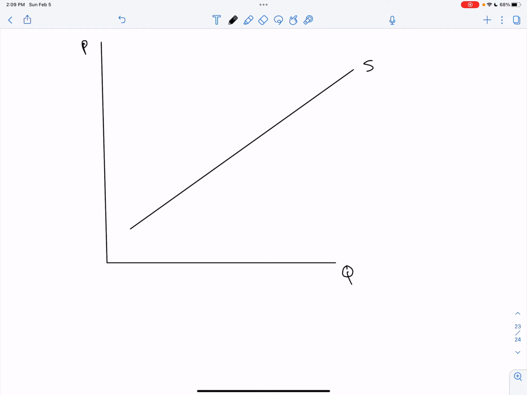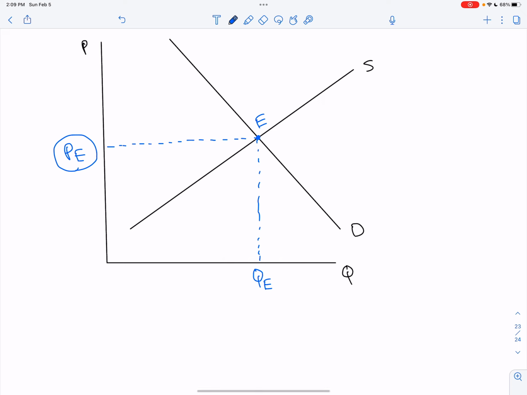We have our supply curve, we have our demand curve, and of course, before the tax is imposed, we have our equilibrium point with its corresponding equilibrium quantity, and of course, its equilibrium price. Okay, so this is the price before the tax is imposed that is paid by the consumer and kept in its entirety by the supplier.